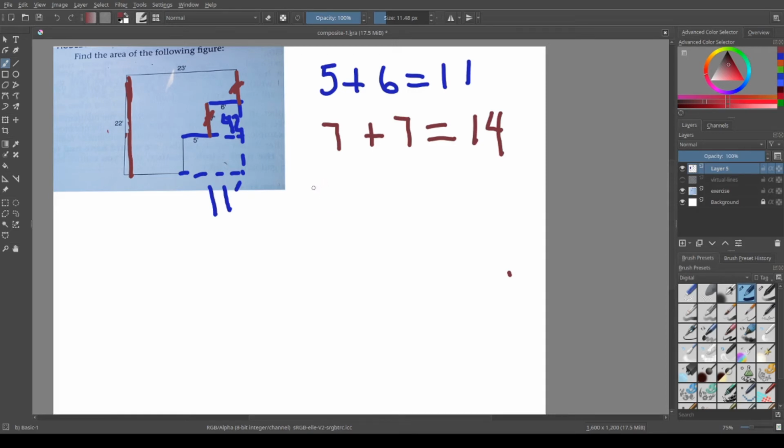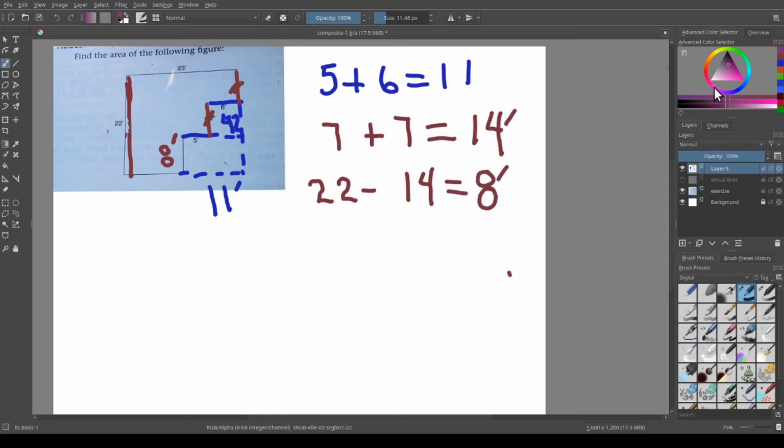So I have my longer side, 22 minus 14, and that's equal to 8. In this case, 8 feet. So this side over here is 8 feet.